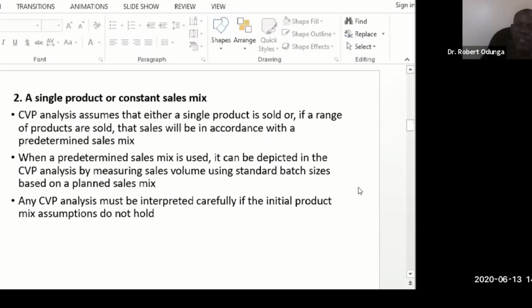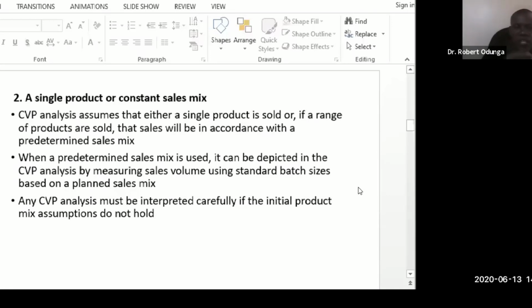How many units of product B should we sell for us to increase our sales? That's why we can look at it from a single product point of view, and as much as from a more than one product point of view, the mixing of the product, and it all depends on the demand, or the sales that you're making per product.